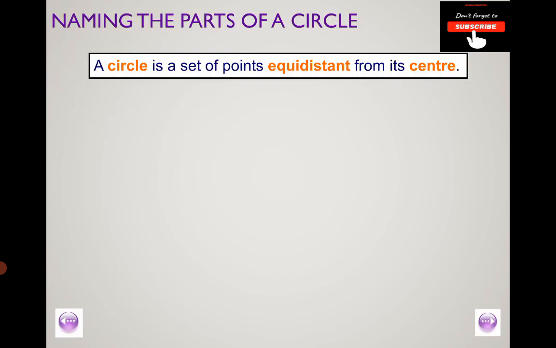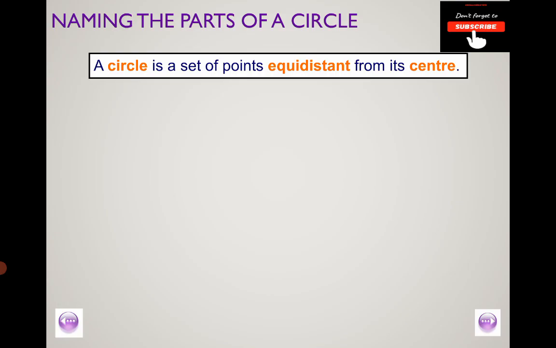So once again, MSCE theorems or angle properties of circles is to do with angles, basically angles, but in a circle.